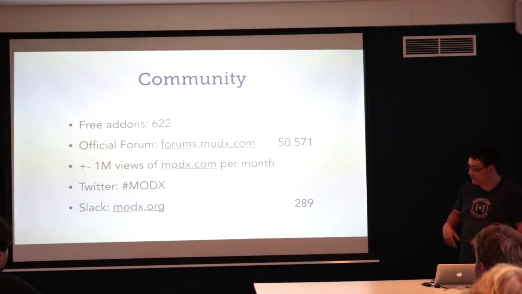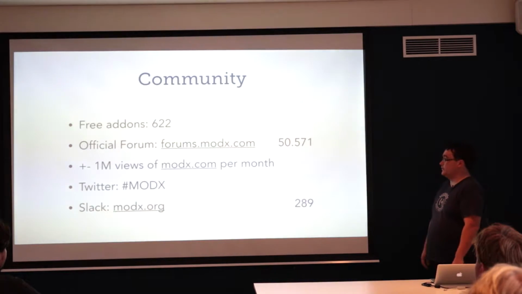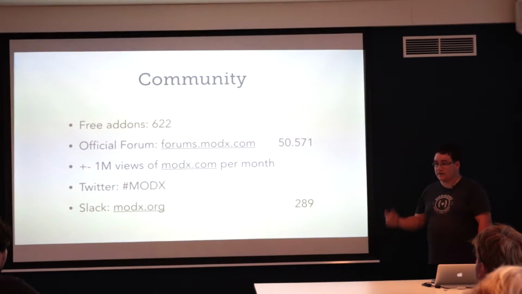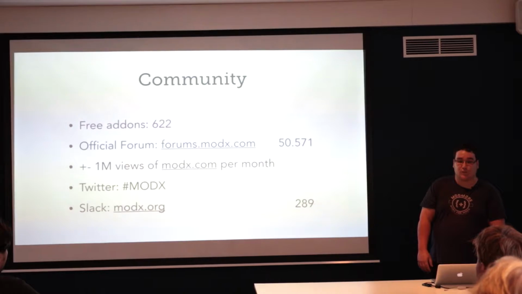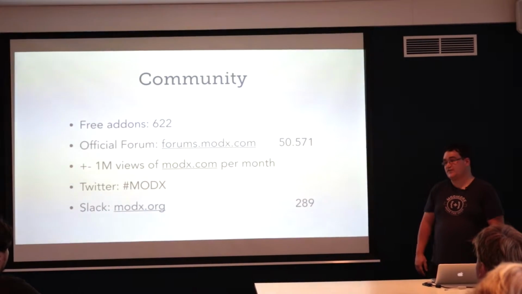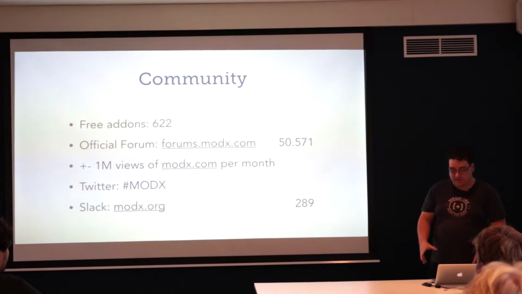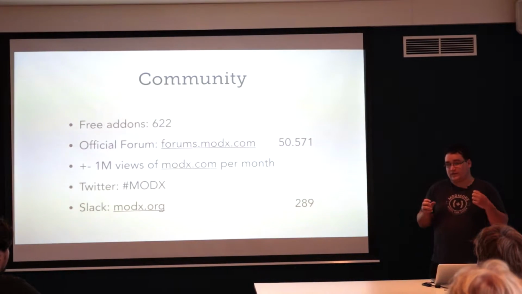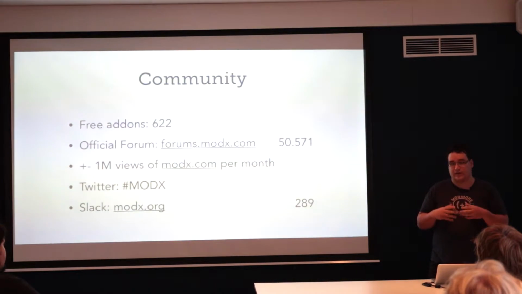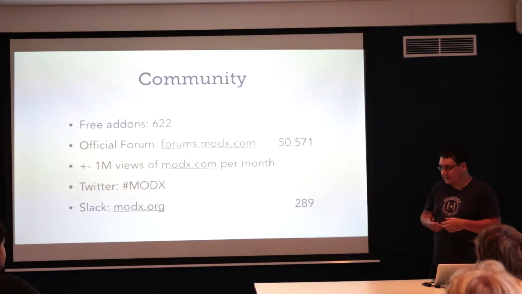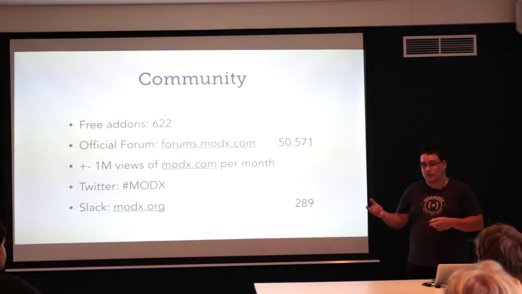Some numbers from the community just to give an idea what we're doing. There's about 600 free add-ons available. Compared to the thousands and thousands of WordPress, that doesn't seem like a lot. However, there's a strict separation between the actual logic, so a snippet that reads stuff from the database, and how it's outputted.